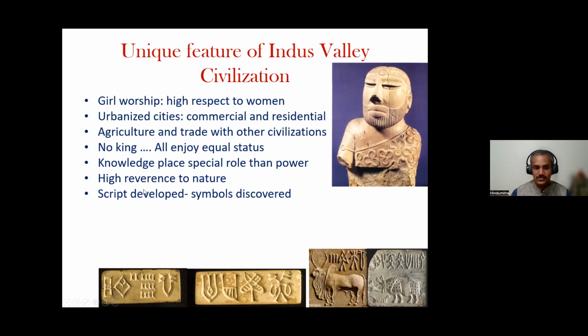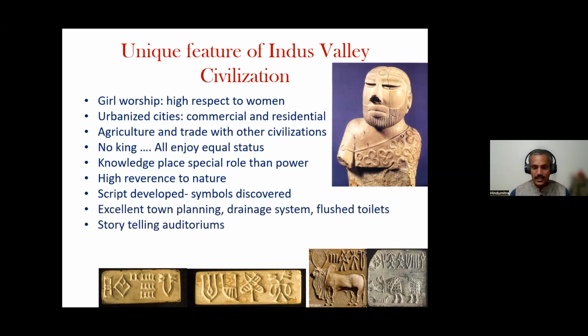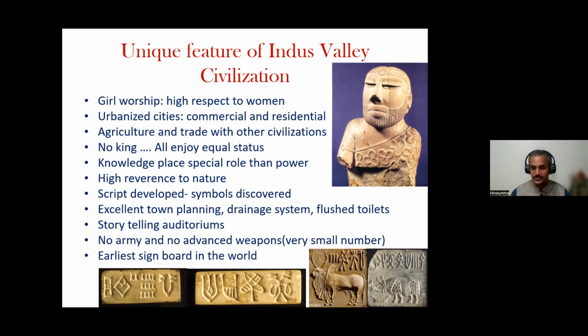In comparison to other civilizations, it's been found that there is a well-developed script. We haven't deciphered it yet, but more than 10,000 different symbols have been found. And the excellent town planning, drainage system, and flush toilets are unseen elsewhere in the world at that time.